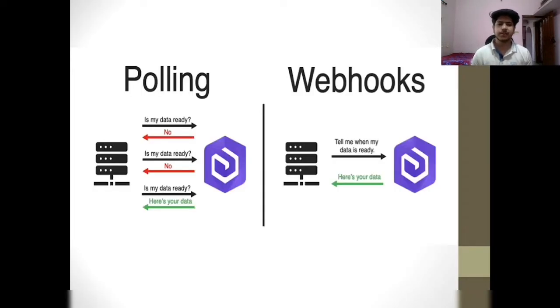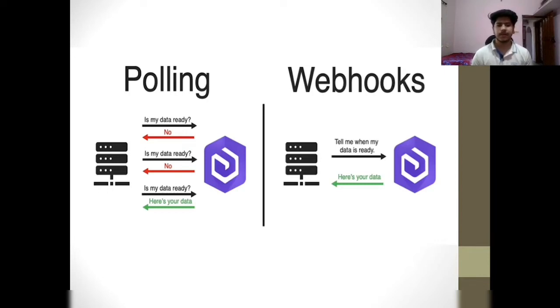So this picture represents the difference between polling and webhook. In case of polling, your bot will continuously ask the server, is my data ready? After a particular time interval, it keeps asking the server whether it got any new data from the users.